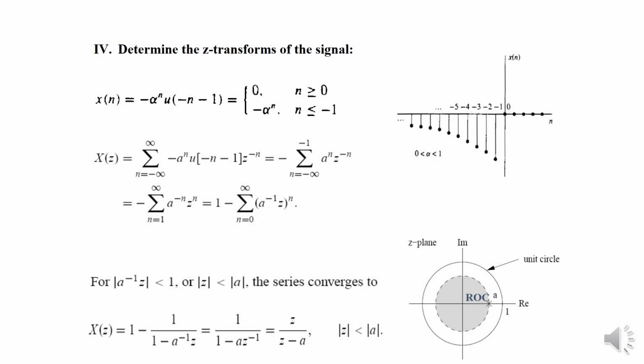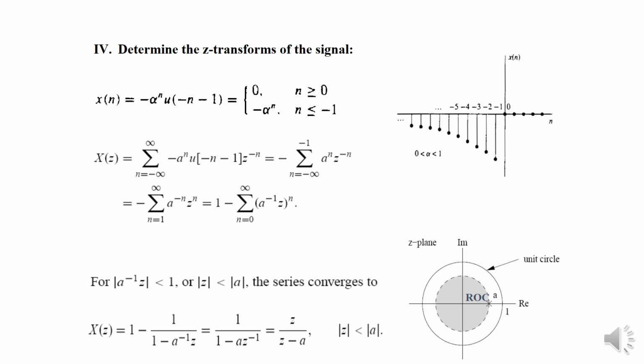If you apply X(z) equals sigma n equals minus infinity to plus infinity of minus a to the power n u[minus n minus 1] z to the power minus n, then when we apply limits, as I have told you, x[n] exists only from n equals minus infinity to minus 1.